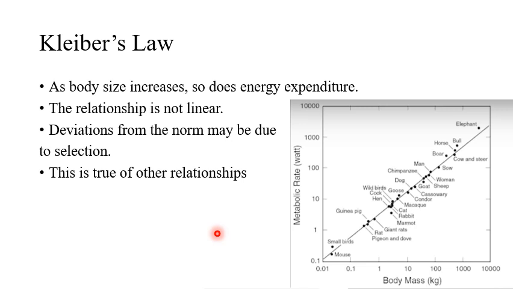Okay? Part of the reason why larger organisms are more energy efficient has to do with the concept of surface area to volume ratio, right? So if you take a shape like a sphere, as it increases in size, the surface increases by a square function, whereas the volume increases by a cube function, right?